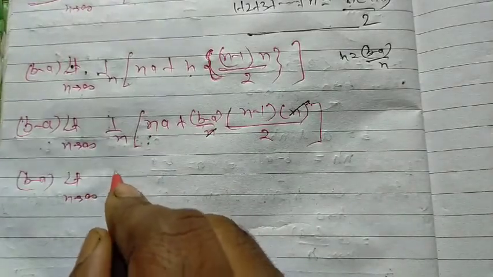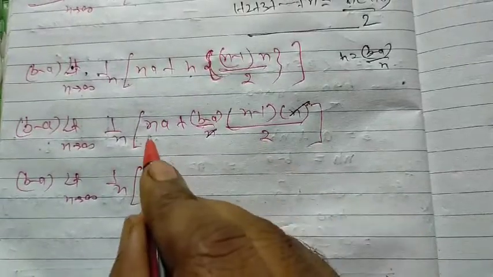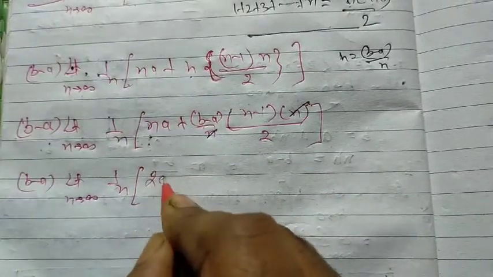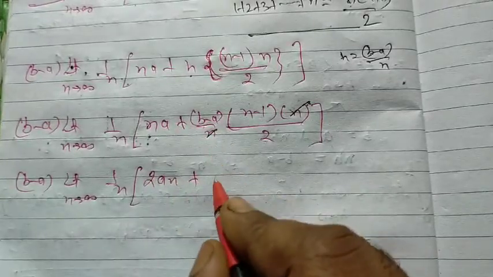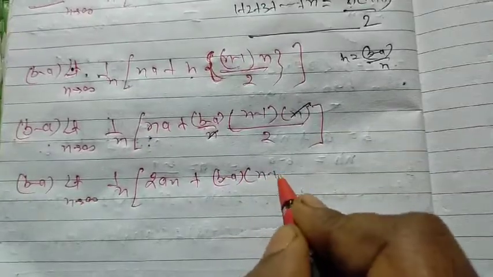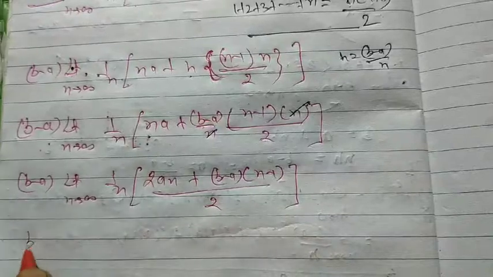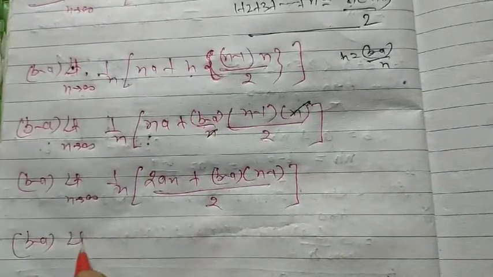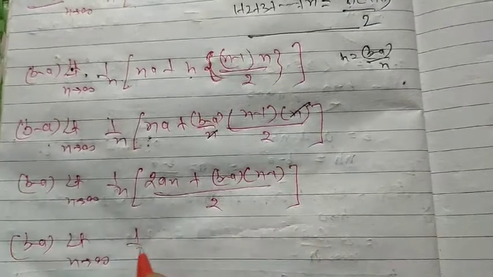See here, so 1 by n. Now simplify it. 2 into an, I take the LCM, so 2an plus b minus a into n minus 1 upon 2. So b minus a, limit n tends to infinity, 1 by n is there.